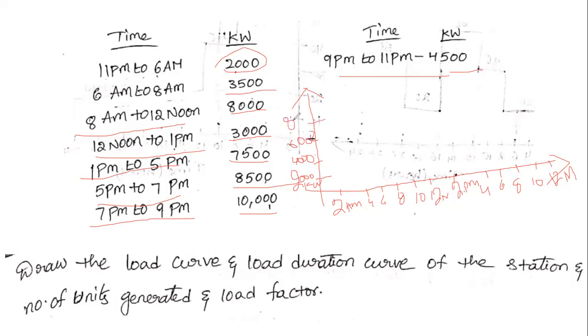Otherwise we consider 1000, 2000, 3000, 4000, 5000, 6000, 7000, and up to 8000.